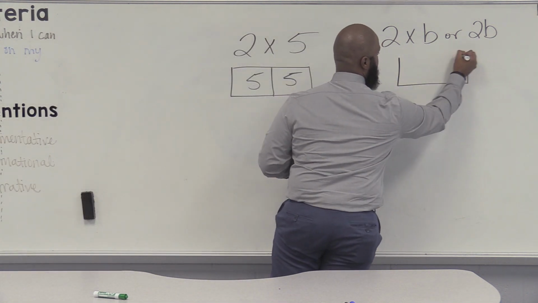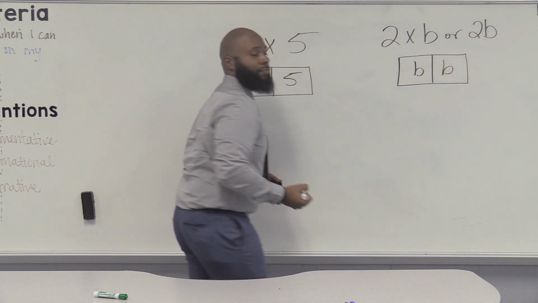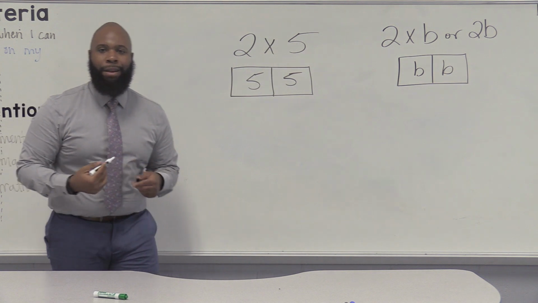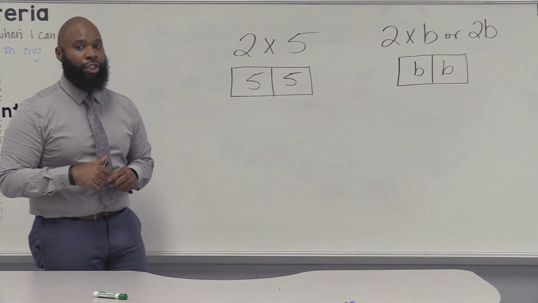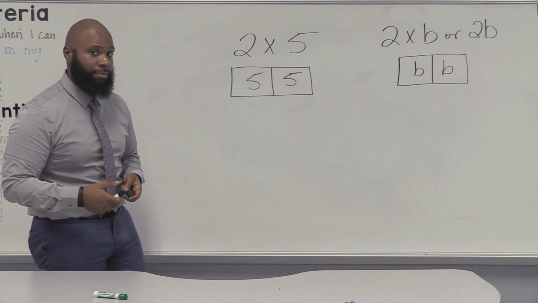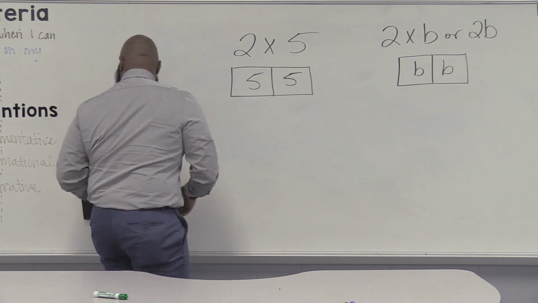So hopefully your model looks like this. You've been creating models for expressions for several years. So today we're going to be using those models to show equivalent expressions. Keyword: equivalent. So let me erase my board.